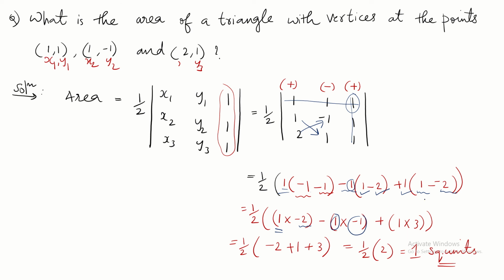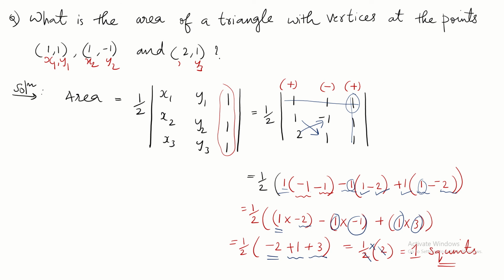Plus 1 plus 1, minus plus, so 1 plus 2 is 3. So here 1 into 1 is 1 itself. So half into 1 into minus 2 is minus 2, 1 into minus 1 minus 1 is minus 1, minus with minus plus 1, plus 1 into 3 is 3. So here half into minus 2 plus 1 plus 3 is 2. So here 1 by 2 into 2, this 2 is multiplication, so it got cancelled. So 1 into 1 is 1.